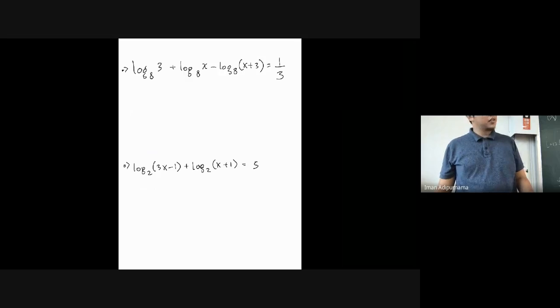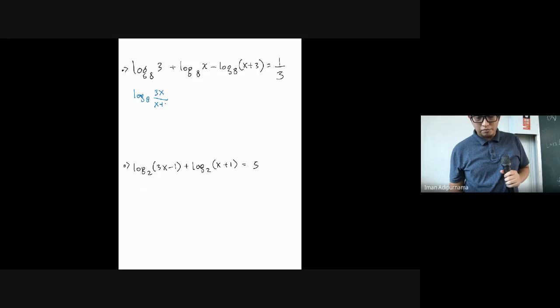So first, it's log with base of 8, right? So you need to make all log with base 8. Or maybe you can solve the left side first. So 3x over x plus 3.